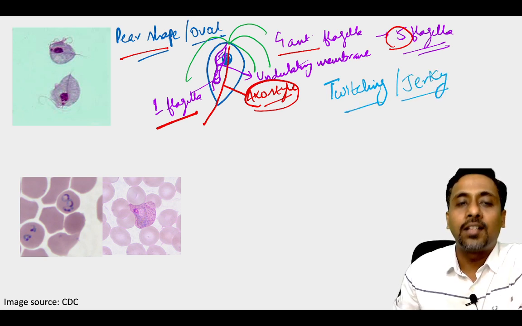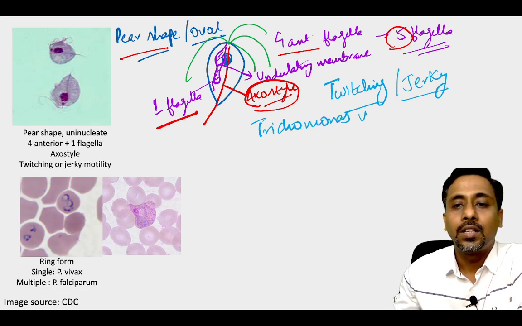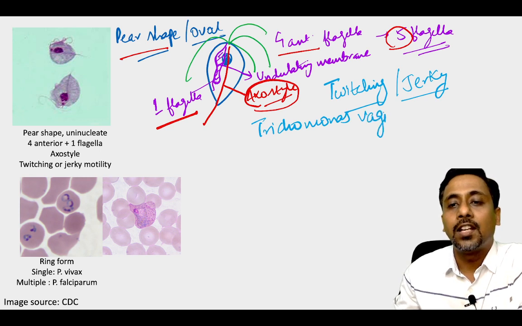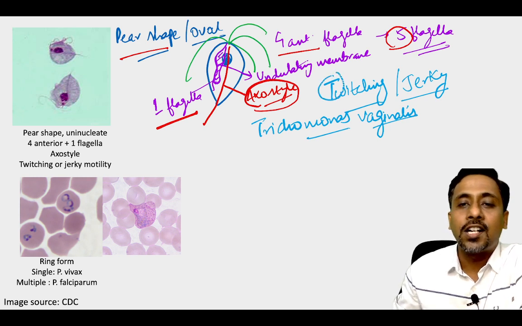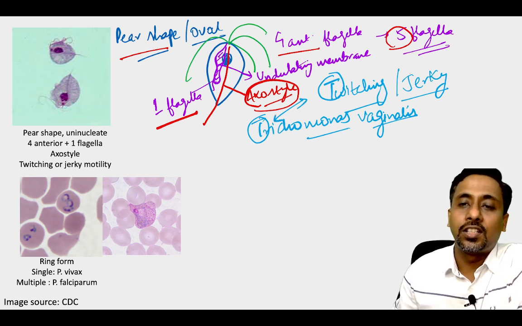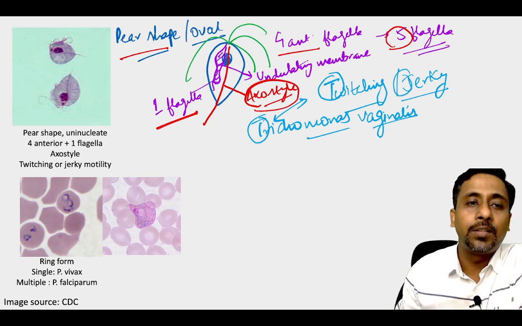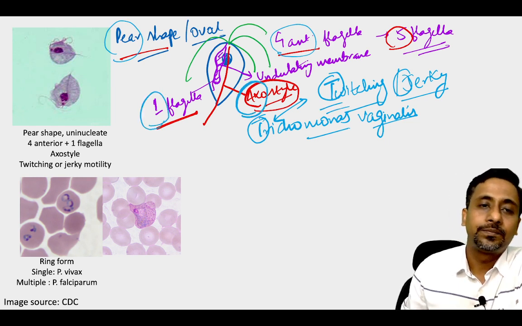So to remember that Trichomonas vaginalis has got twitching motility, just see, twitching starts with T, Trichomonas starts with T. So these two match each other. So Trichomonas vaginalis has got twitching motility or a jerking motility. So remember these points: pear shape, 4 anterior flagella, 1 flagella running along the undulating membrane, an exostyle, and twitching motility. Fine.